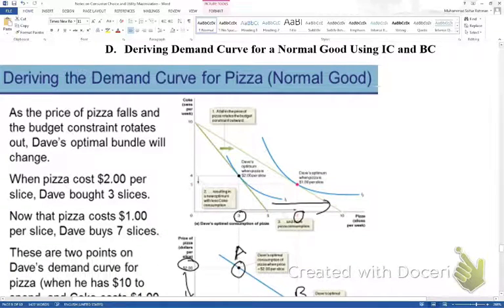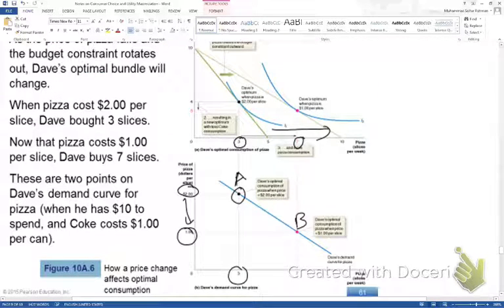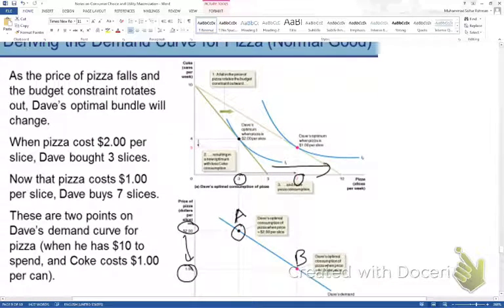You were originally consuming at point A, where you were buying 4 units of the vertical good, Coke, and 3 units of the horizontal good, which is pizza, and suddenly the price of pizza has gone down.